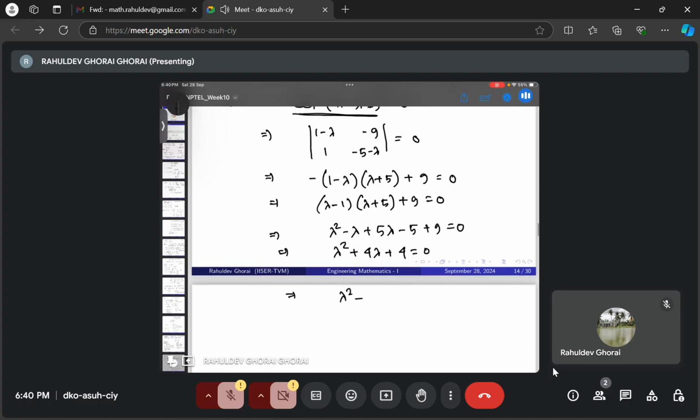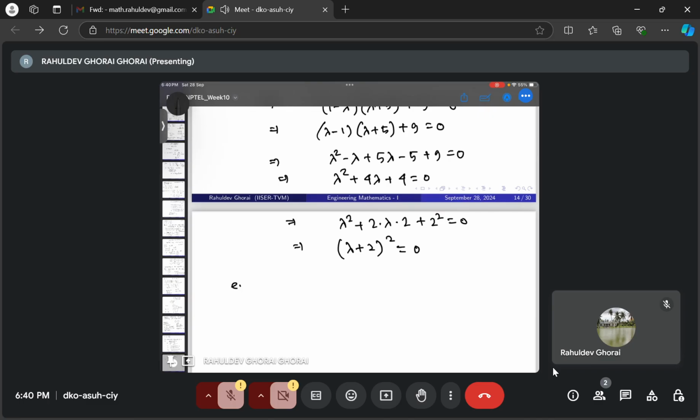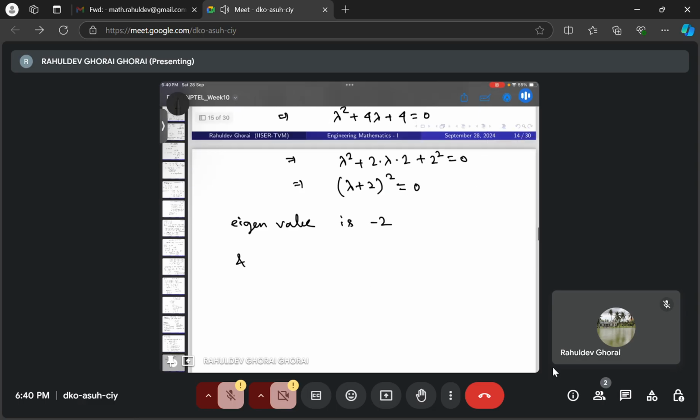See, here also you will see lambda square plus 2 times lambda times 2 plus 2 square is equal to 0. That implies lambda plus 2 whole square is equal to 0. So the eigenvalue is minus 2, and the algebraic multiplicity of minus 2 is equal to 2, right?